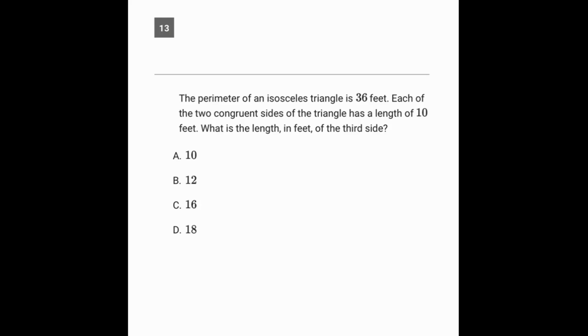Now going over to question 13, here we're hearing about an isosceles triangle. Isosceles means two of the sides are equal in length. And each of the two congruent sides has a length of 10. So this is 10, this is 10, this is x. Now, if the whole perimeter is 36, well, that perimeter is 10 plus 10 plus x.